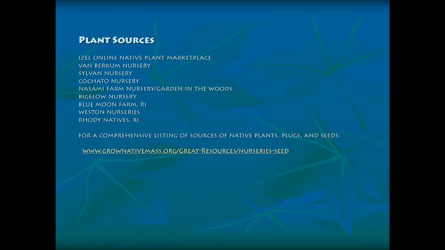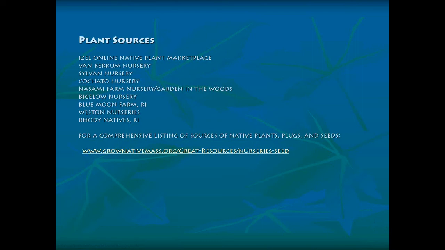Van Berkom Nursery, which is on the list here, has some wonderful lists at the back of the catalog that sort native plants by color. Rather than a book, that might be one thing to do, is look at a plant catalog. They sort by exposure, by size, by all kinds of different things.